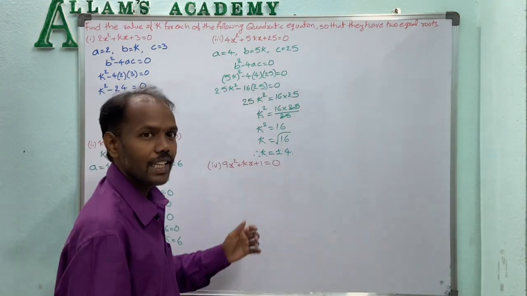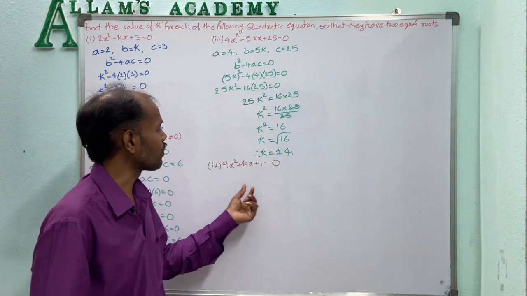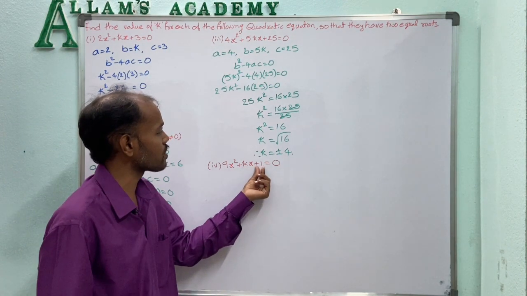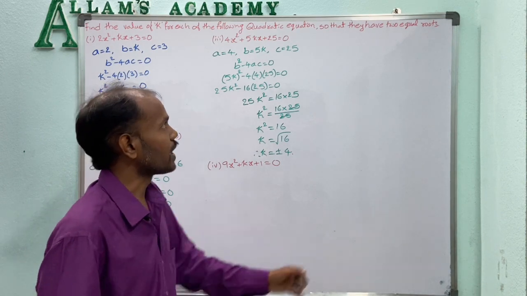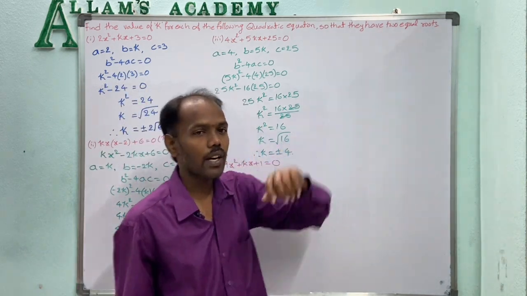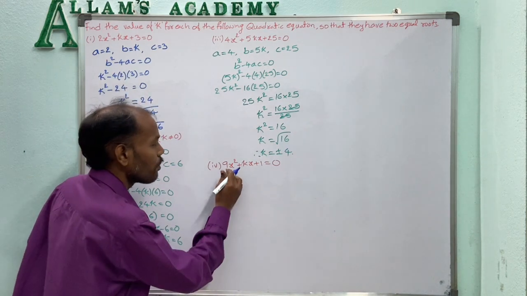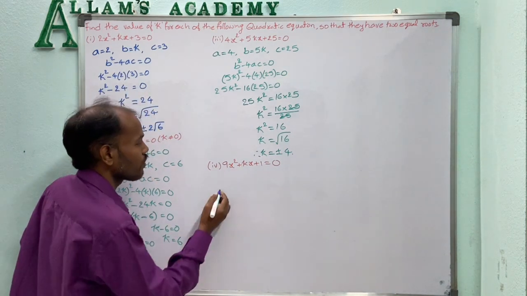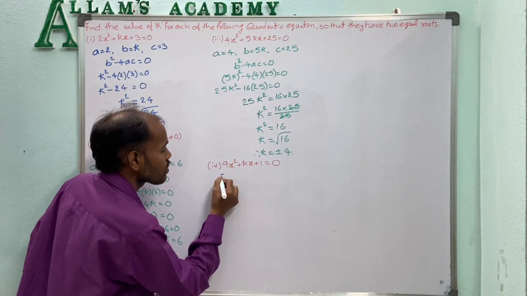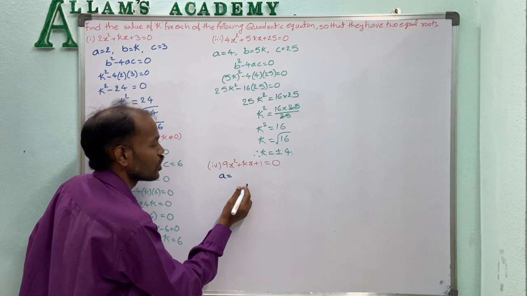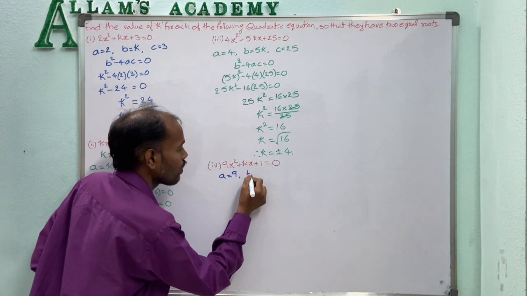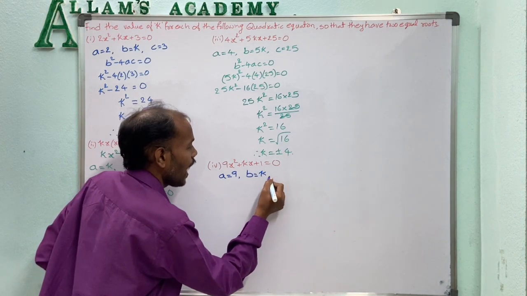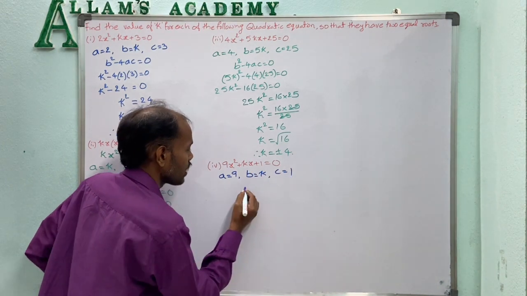Okay. Now the given quadratic equation is 9x square plus kx plus 1 equal to 0. To find the value of k, the roots are equal. So comparing with the general quadratic equation ax square plus bx plus c equal to 0, a equals the x square coefficient, 9, b equals the x coefficient, that is k, and c equals the constant term, 1.